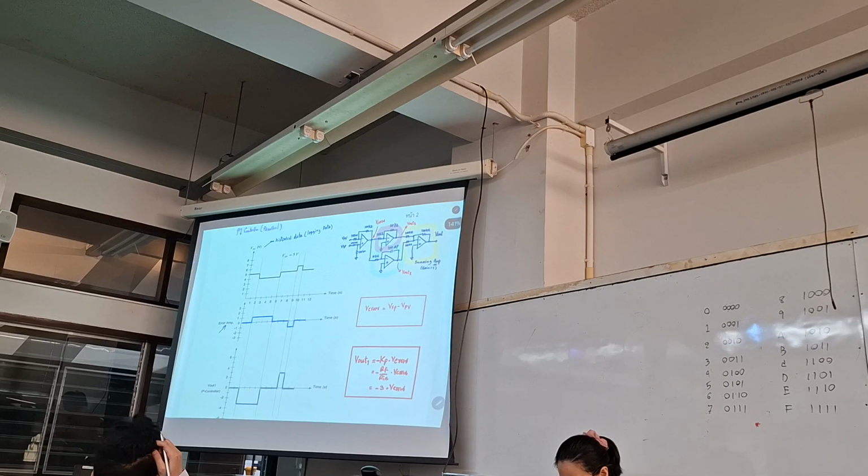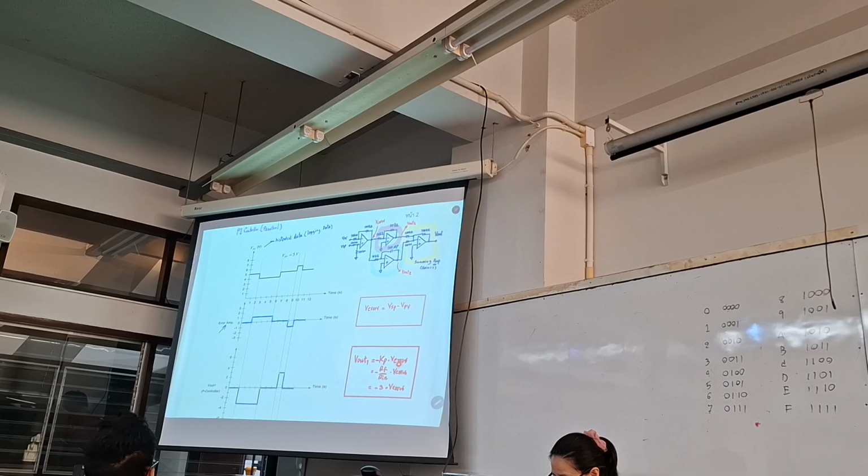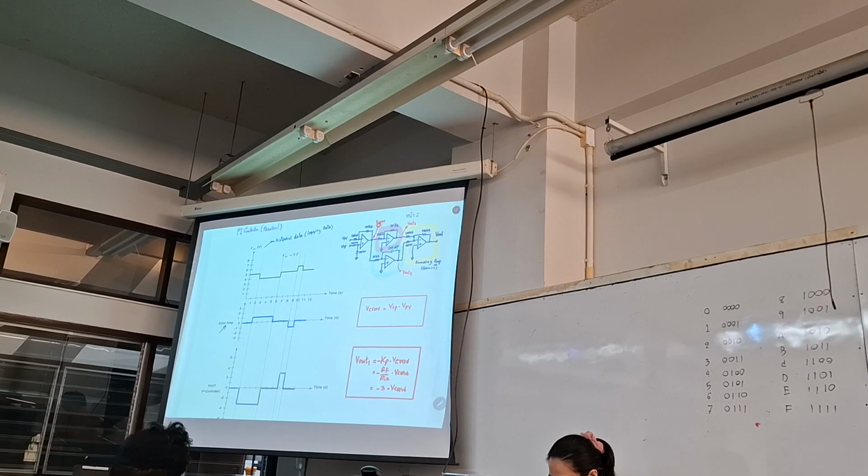Then the second graph is the response of the P controller at the output. V output from the P controller is equal to gain multiplied with V error at the input. Input of the inverting amplifier is V error, then we have to multiply by the gain.